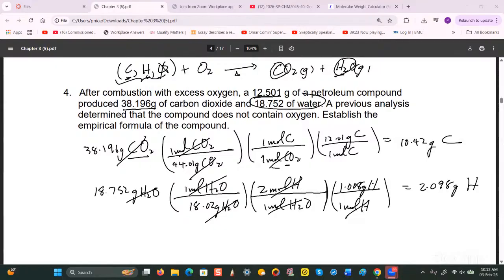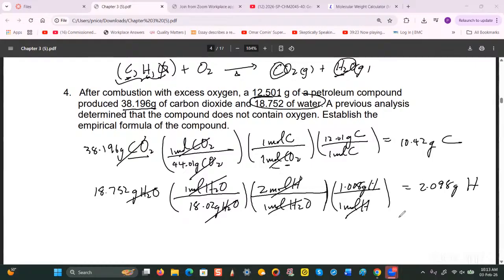But in this case here, if you add the 10.42 to the 2.098, you're going to get basically the same as this mass right here, all right? Now, I was about to say that I really did not need to do this next step, but it won't hurt the exercise in any case, all right?